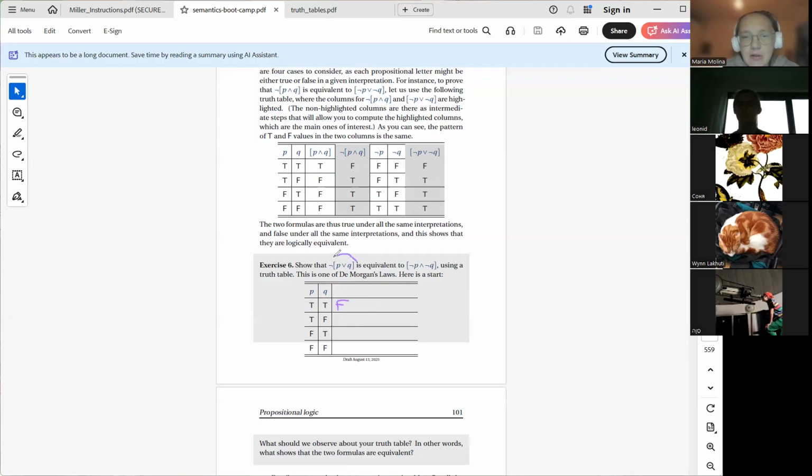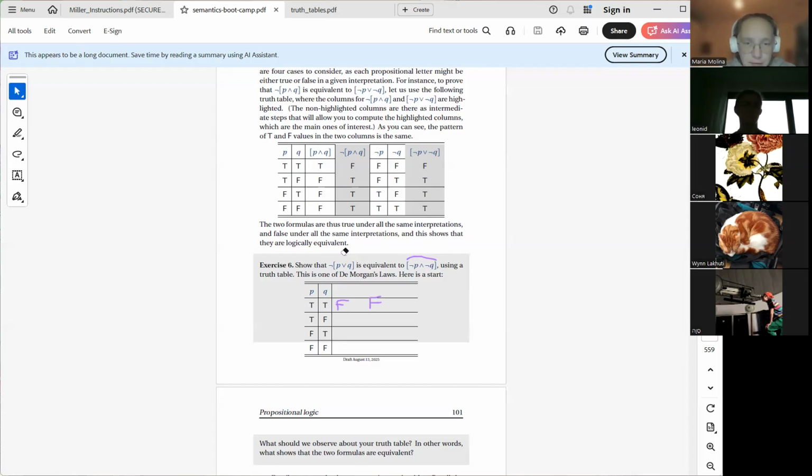Negation of P or Q gives us false, right? Now, negation of P and negation of Q, in case they're both true, gives us false. Both, so false.